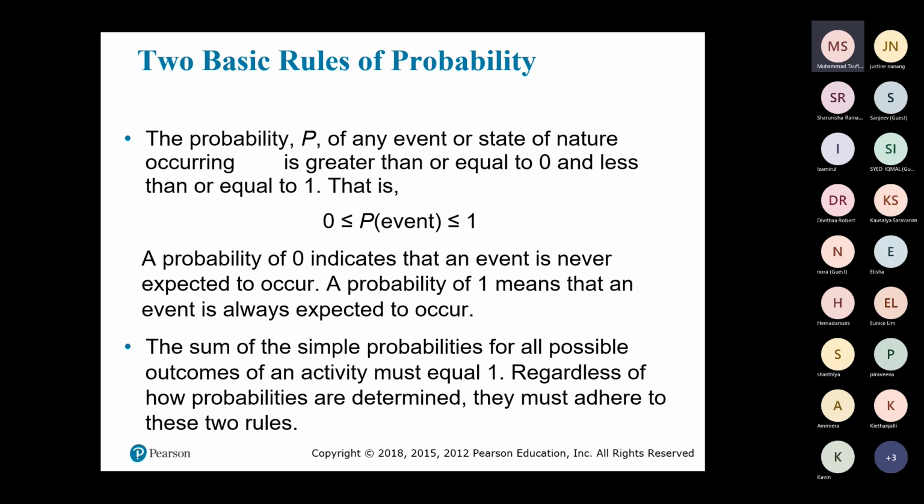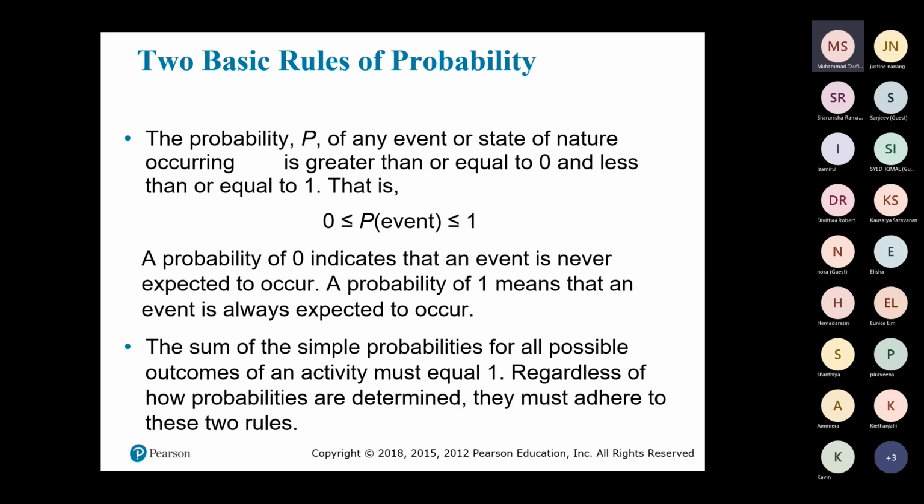If the value is 1, the event will happen anytime. It's not most likely, it is certain to happen. So 1 is certain, 0 is never happen. That is the first basic rule in probability.